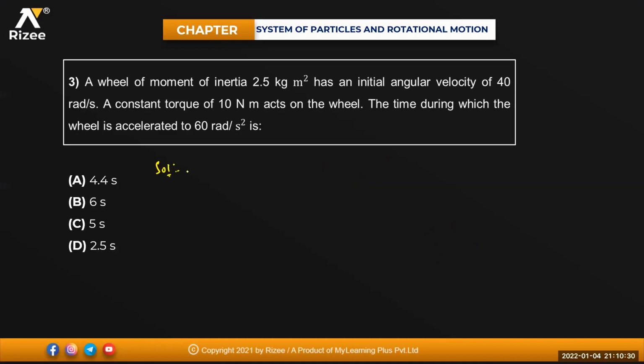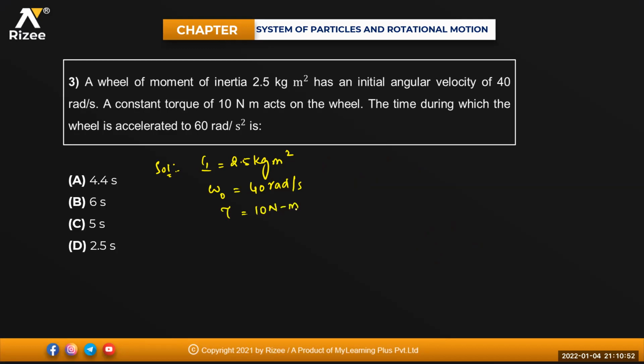Next one. A wheel of moment of inertia I value is 2.5 kg meter square has initial angular velocity, omega naught equal to 40 radians per second. A constant torque equal to 10 newton meter acts on the wheel.